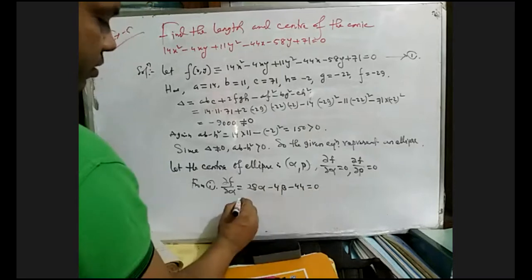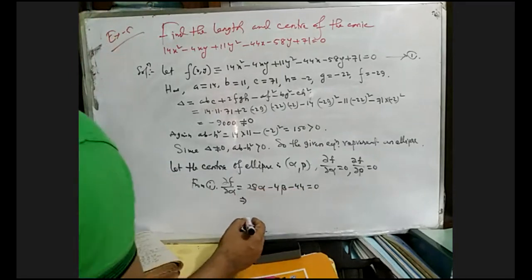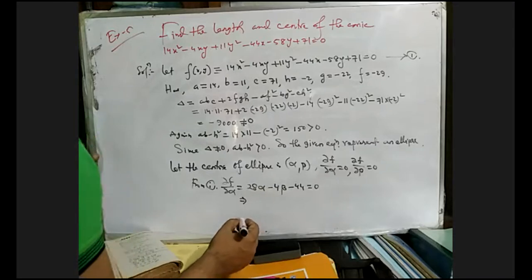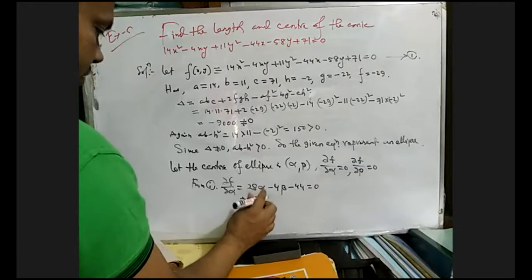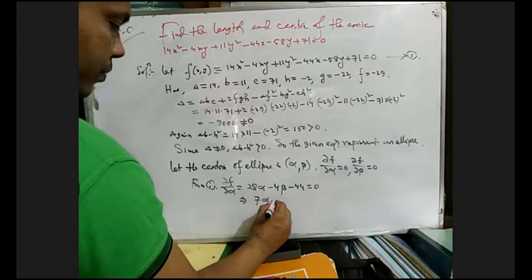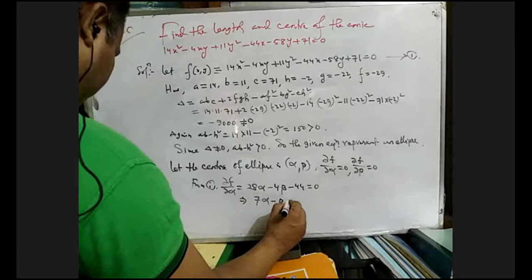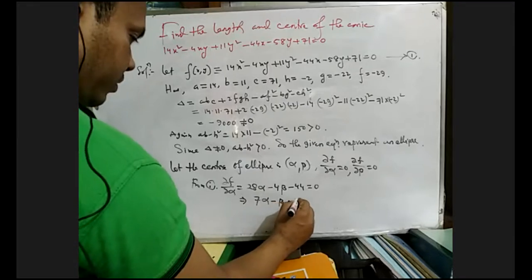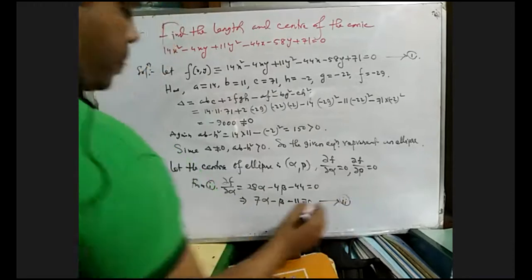So from this, dividing by 4 on both sides, we get 7 alpha minus beta minus 11 equals to 0. This is equation number 2.